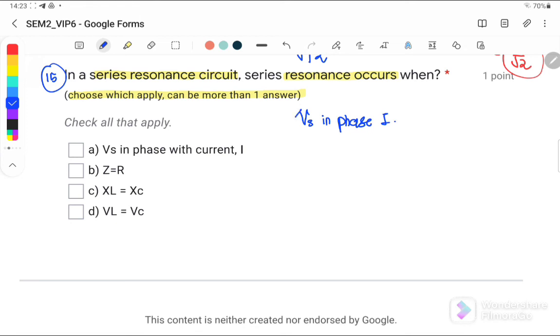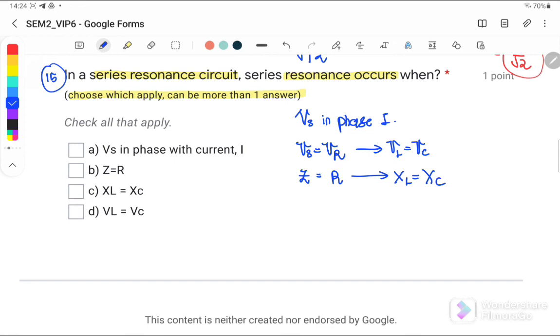Meaning that V source is equal to VR, and VL is equal to VC. Or we can write that the impedance is equal to R when XL equals XC.